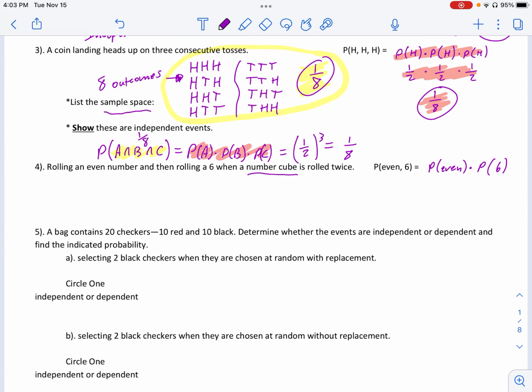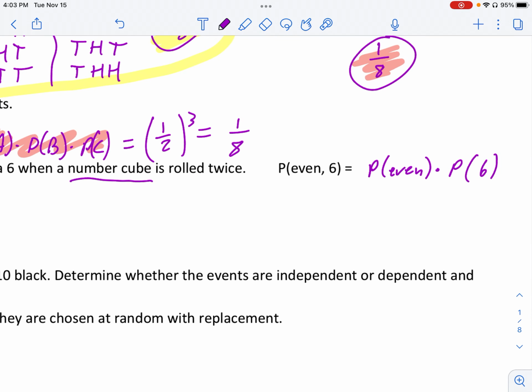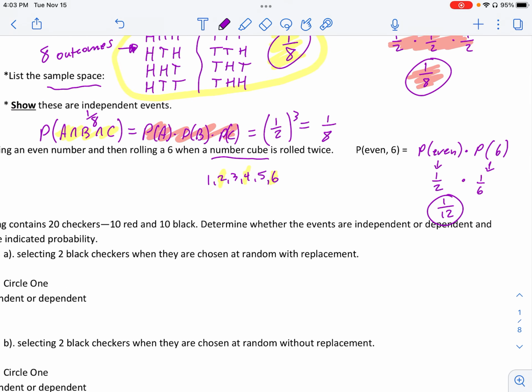Even number first, and then a 6. The probability of an even number: there's 1, 2, 3, 4, 5, 6 on a dice, and half of those are even, right? 2, 4, and 6. 3 out of 6, or 1/2. The probability of getting a 6 is just 1 out of 6. When you put it together, that will only happen 1/12 of the time.